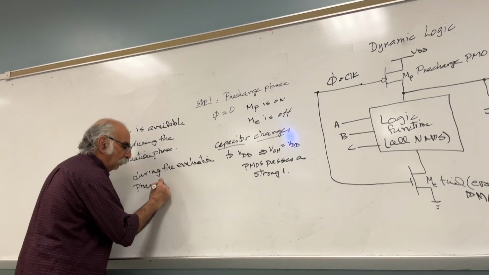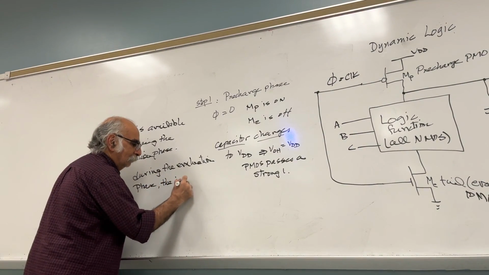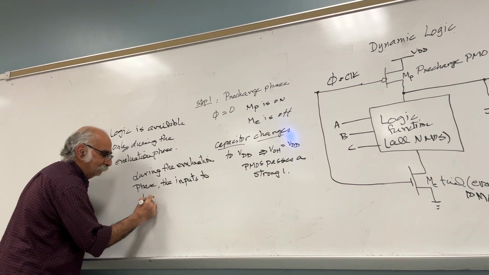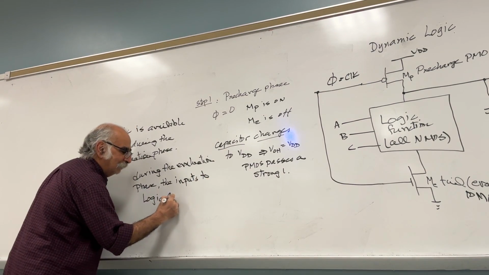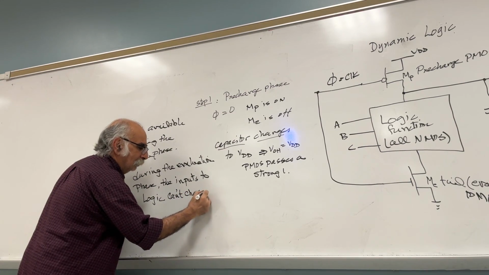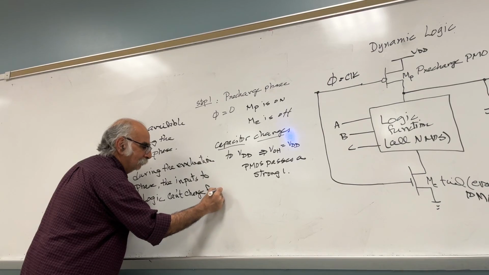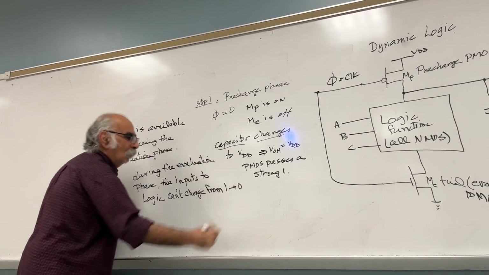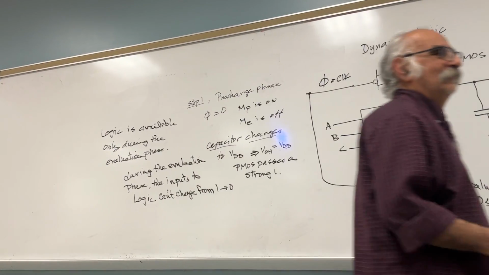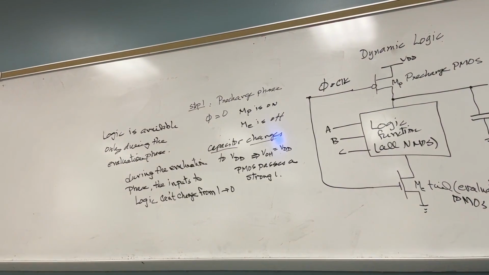Now, last time I showed you during the evaluation phase, the input to logic cannot change from 1 to 0. Clear?